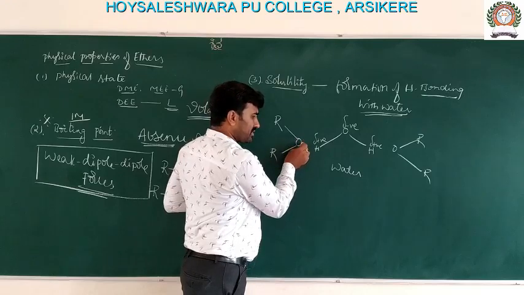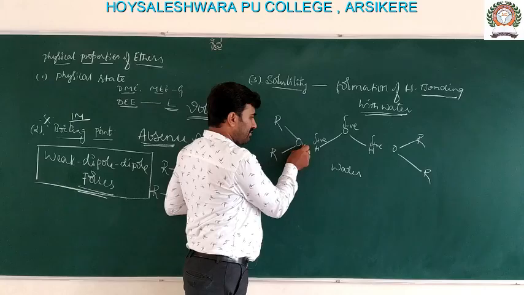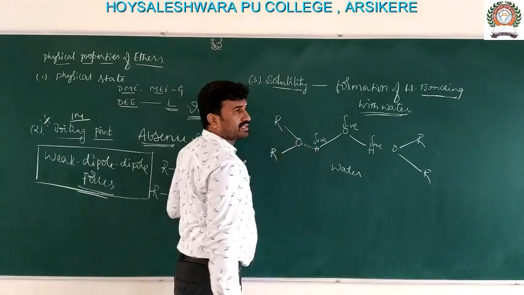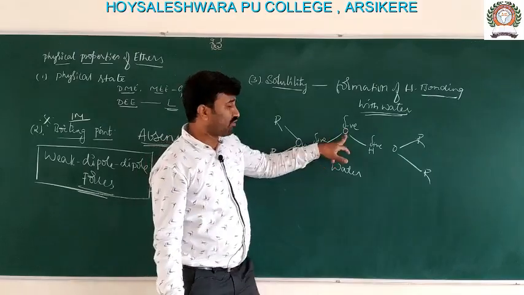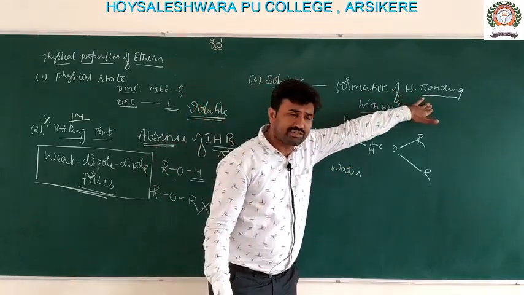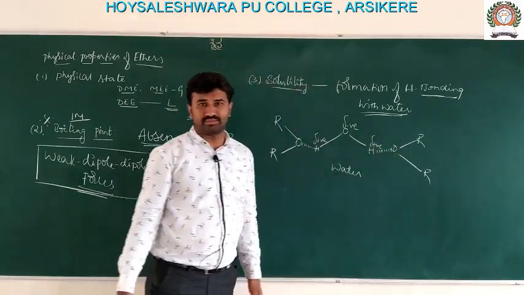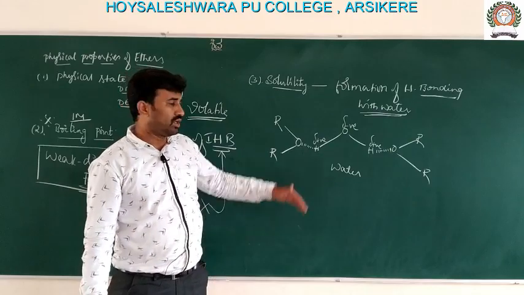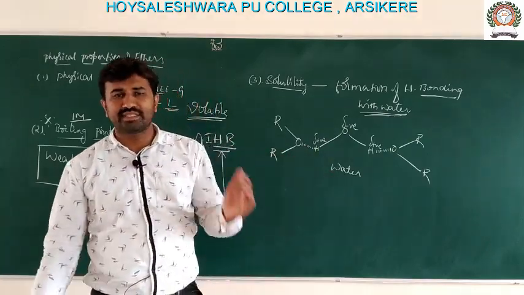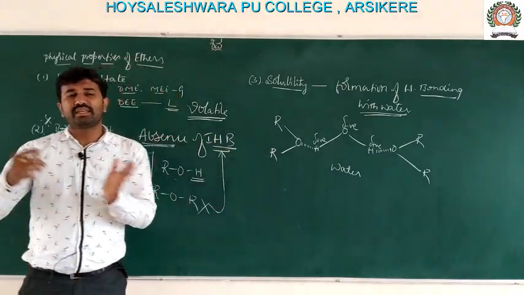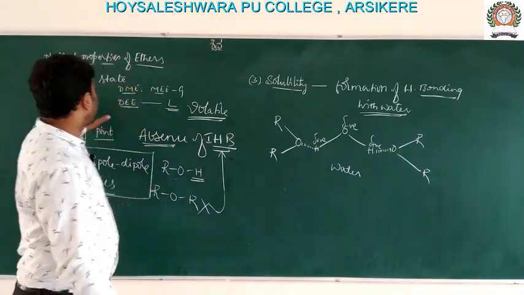There is a force of attraction between the oxygen atom of ether and the hydrogen atom of water molecule, that is hydrogen bonding, that makes the ethers soluble in water. Lower members of ethers are soluble in water, but higher members are not. That is, the solubility decreases with increase in molecular mass. Remember this.